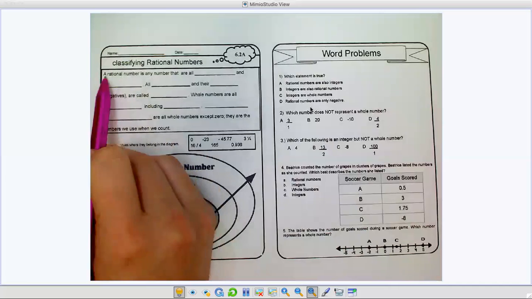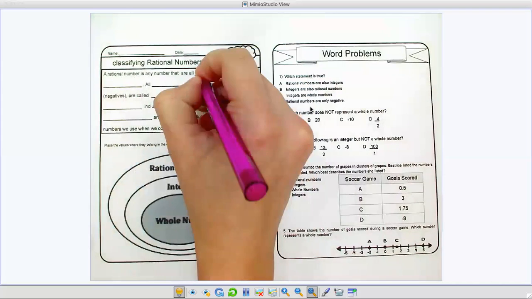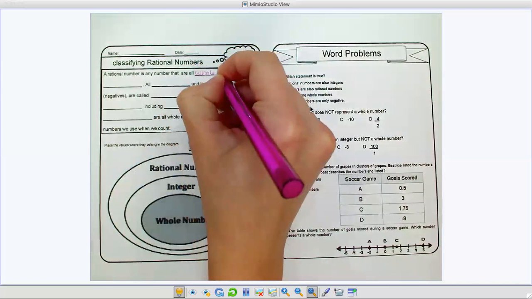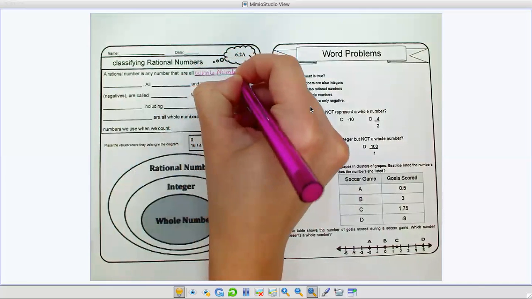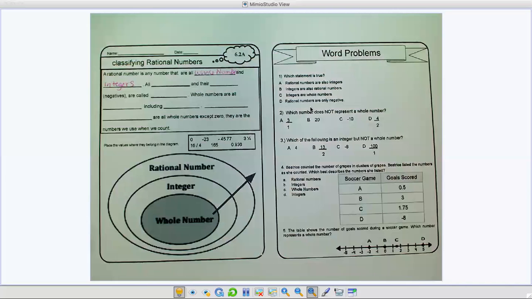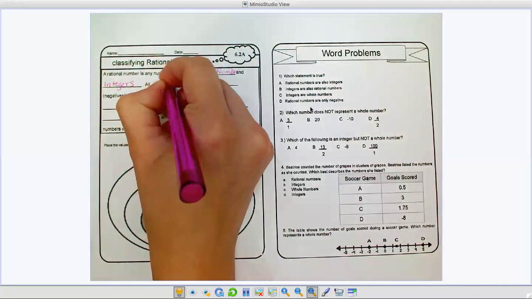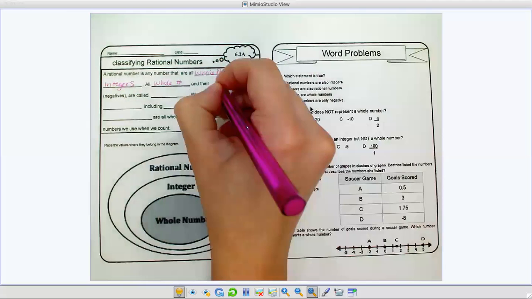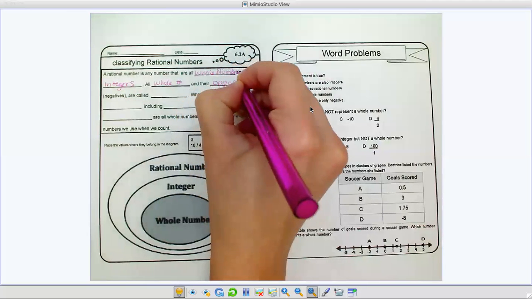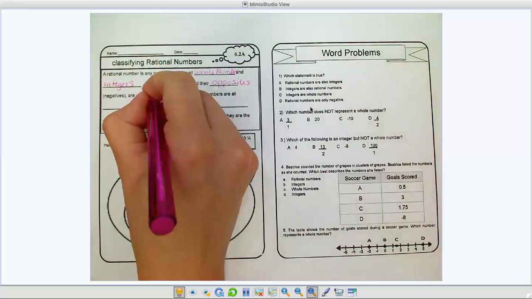So if we start with a rational number, it is any number that are all whole numbers and integers. Okay, so rational numbers are whole numbers and integers, and all whole numbers and their opposites, which means they're negatives, are called integers.